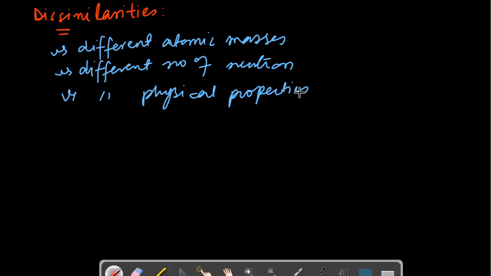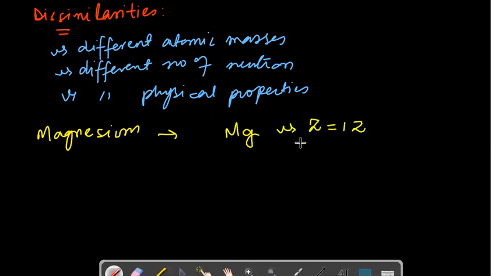Let me give you a few examples of isotopes. If I talk about magnesium, magnesium is an element that has three isotopes. Magnesium is represented by Mg. It has an atomic number of 12. I will discuss atomic mass later.